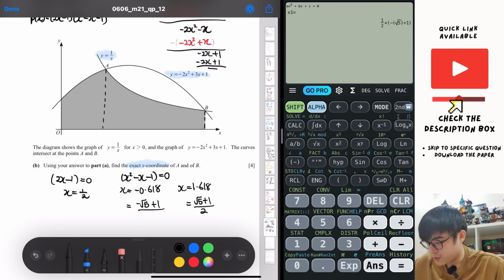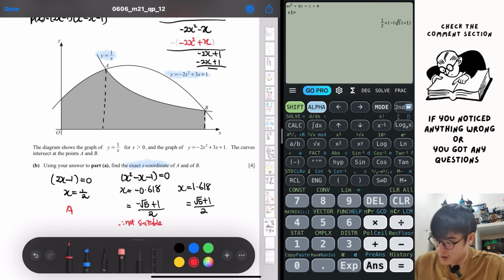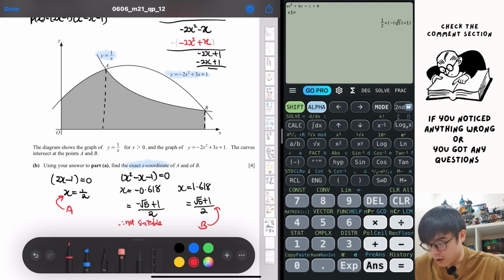So this should be the answer, and this one is not relevant, because there's no negative here. So if I were to set one as A and one as B, A will clearly be this, and B will clearly be this. Okay, so that's how you get to your final answers here.